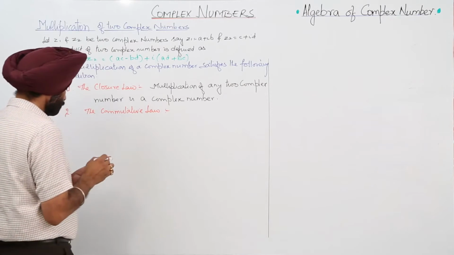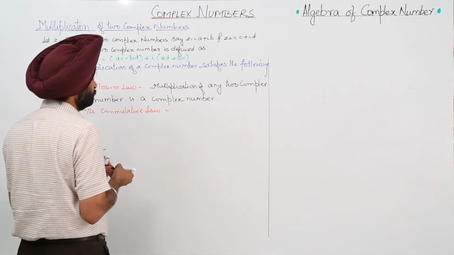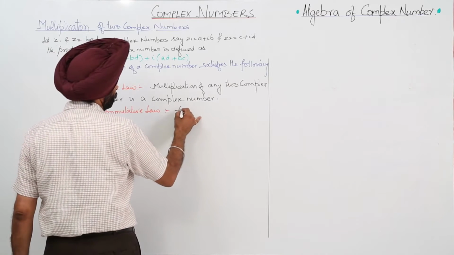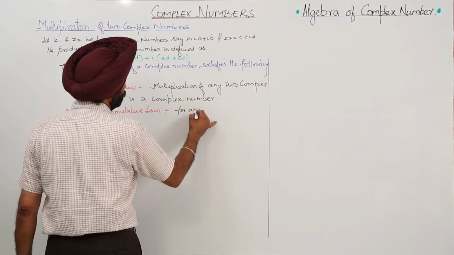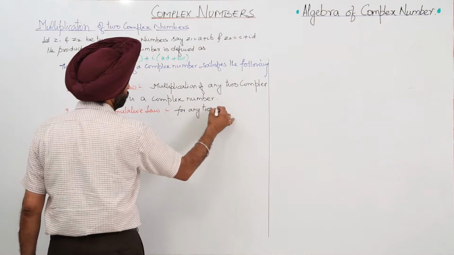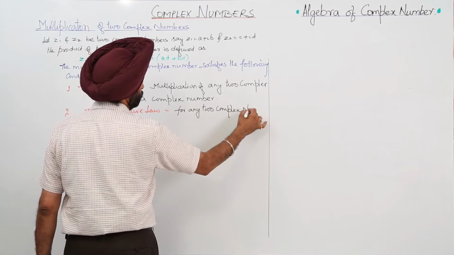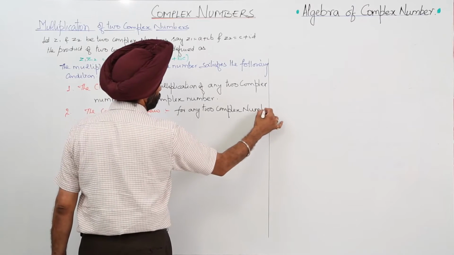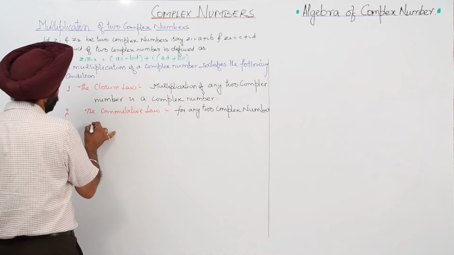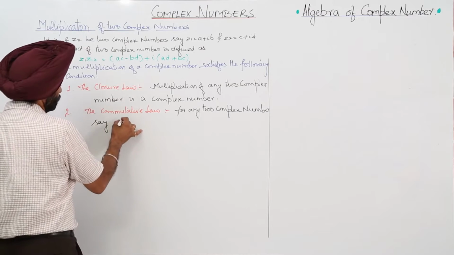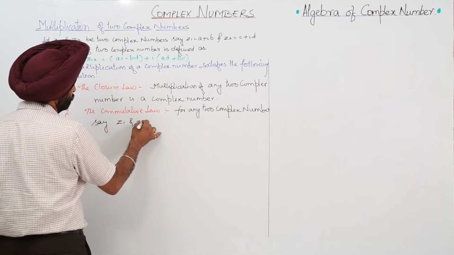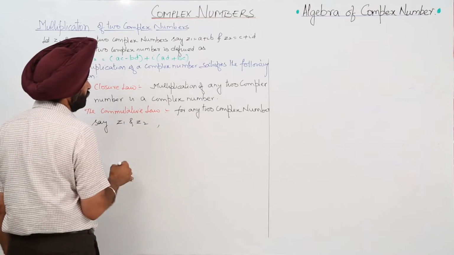Now what does this state? For any two complex numbers, say Z1 and Z2, what we are having?